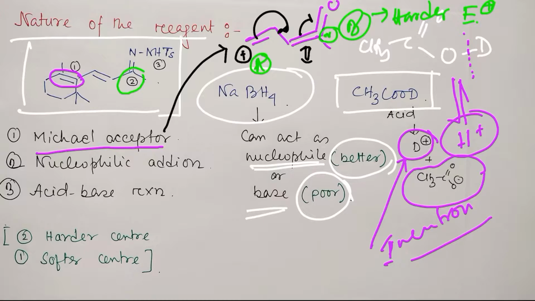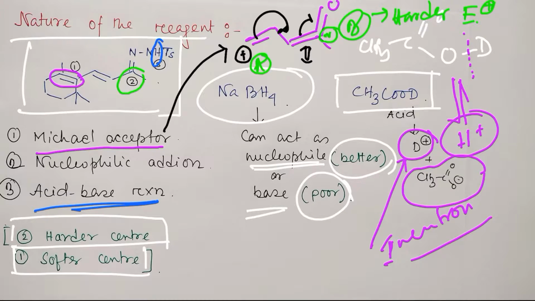And the third point, there is an NH in the tosyl group, and this can participate in an acid base reaction. So 3 types of reactivity are generally possible for this reagent. So we have learned that center number 2 is the harder center and the other is the softer center for nucleophilic addition reaction.